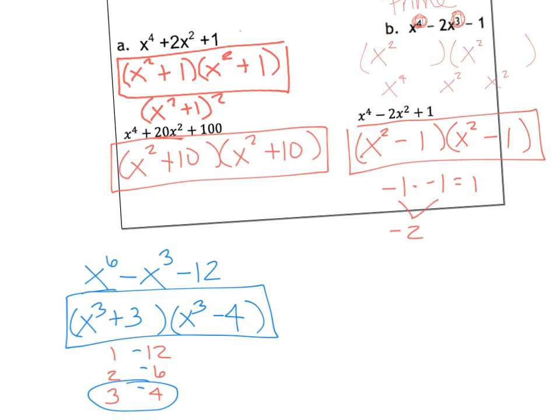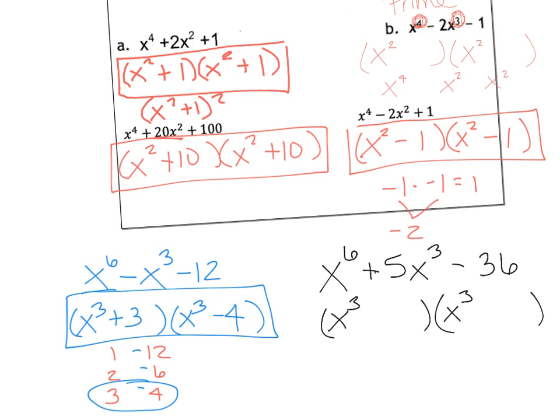All right, and let's look at one more. Let's say we have x to the sixth plus 5x to the third minus 36. All right, so I'm going to start by looking at my exponents. I know I have x to the third as my first term.